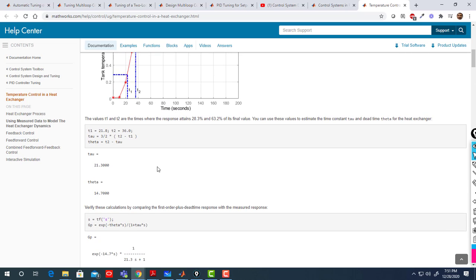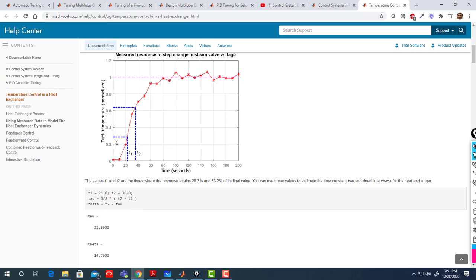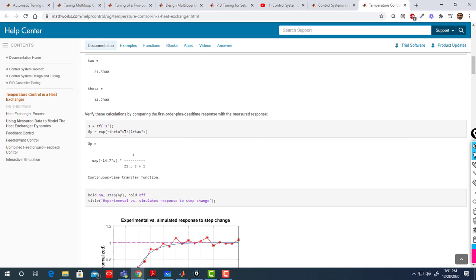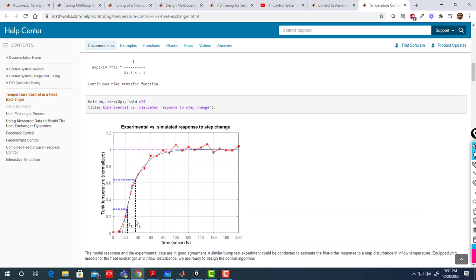We know that tau is at 63%. Here they did it slightly differently, but you could use, as we know, how to identify a first order system. Tau is at 63%, so you take T2 as tau, and the delay is at this point, and then e to the minus that value over 1 plus tau s, and you check if it is the same.